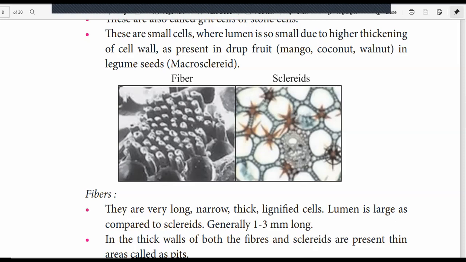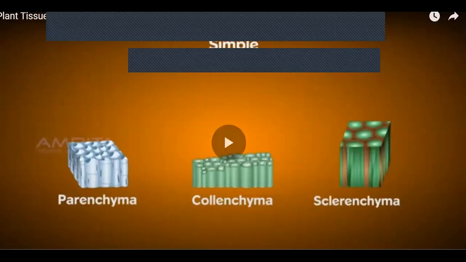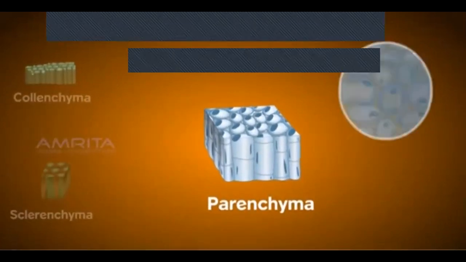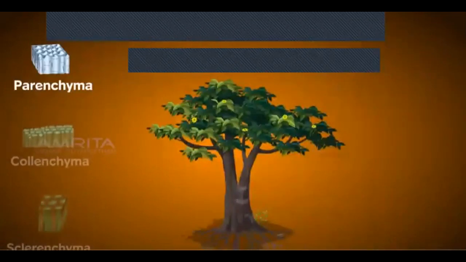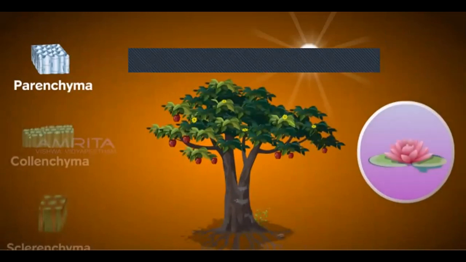The parenchyma tissues are oval-shaped cells with thin cell walls and have extensive spaces between the cells. They aid in photosynthesis, storage, and also help aquatic plants to float.